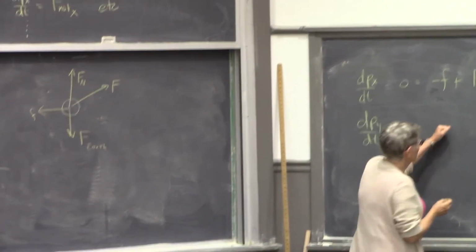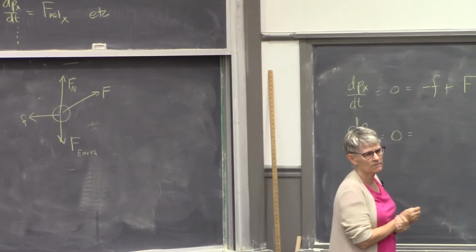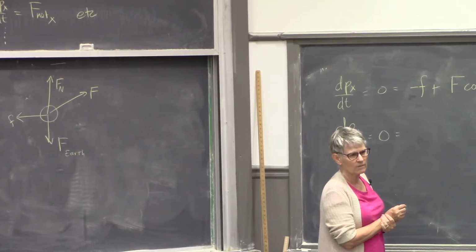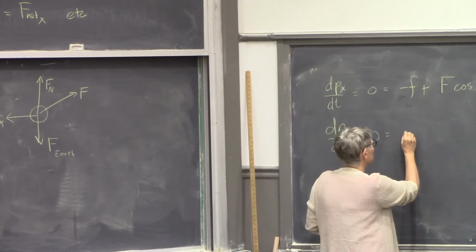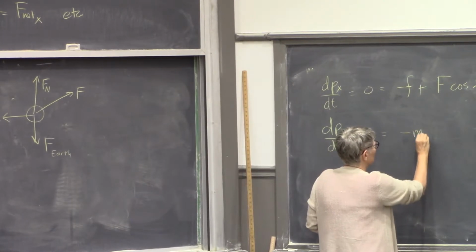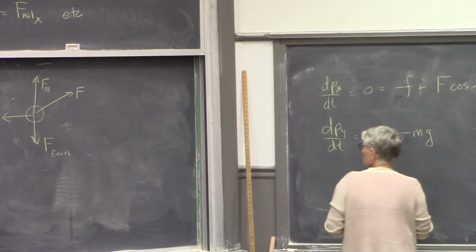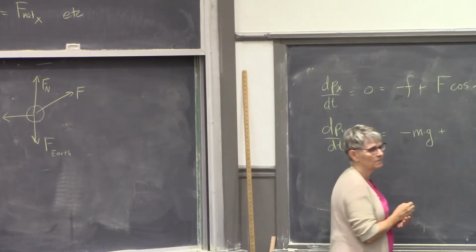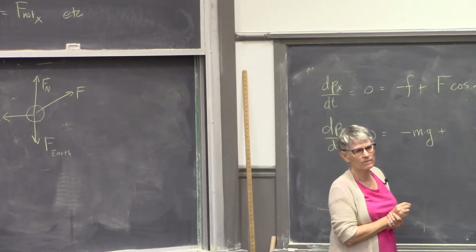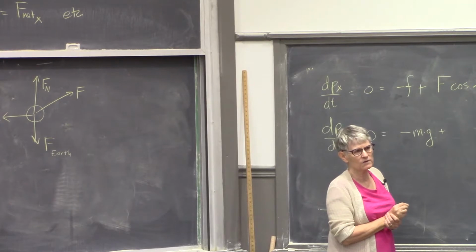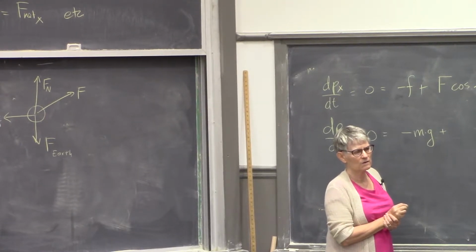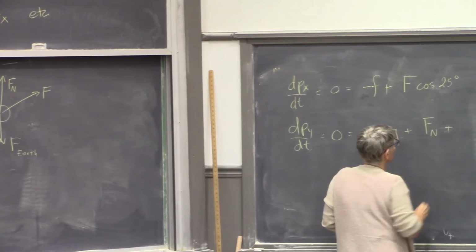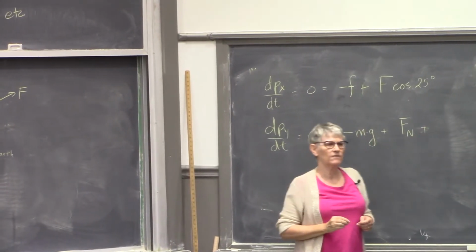Now what about the y direction? So we have the gravitational force, so we've got a minus mg. We've got plus the normal force, F n, and now what else?